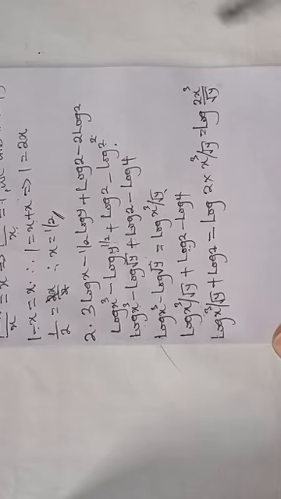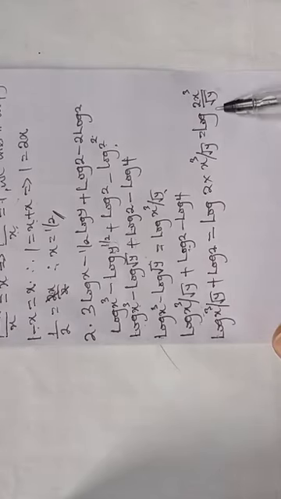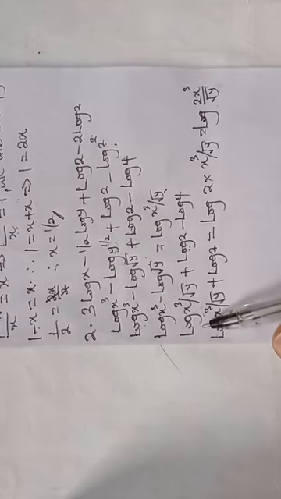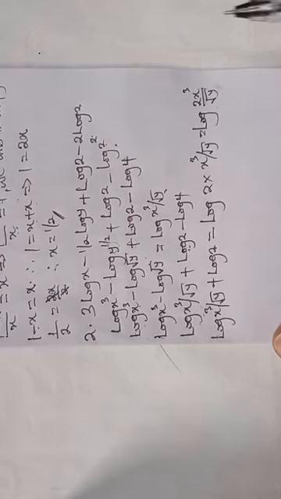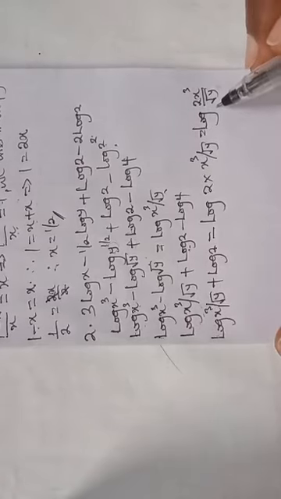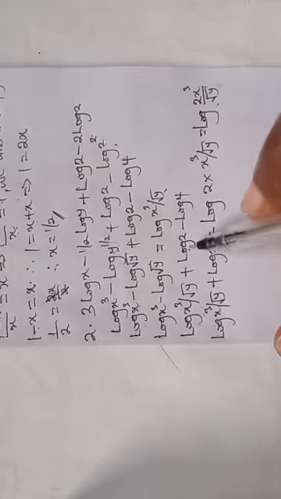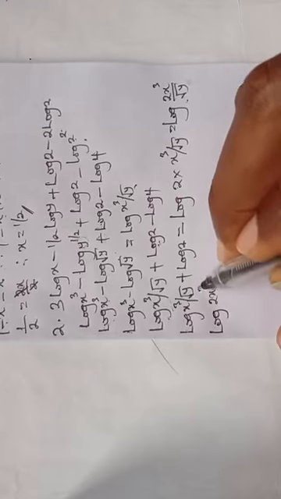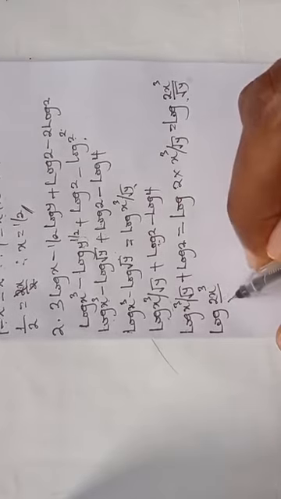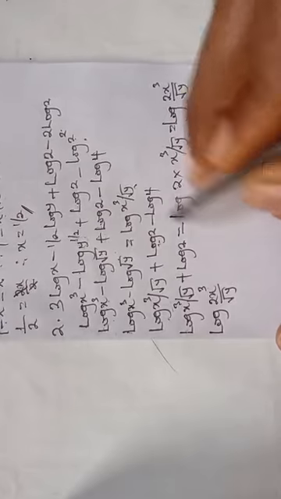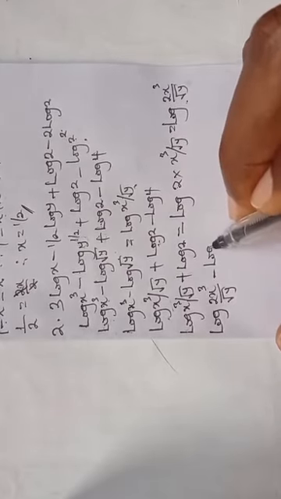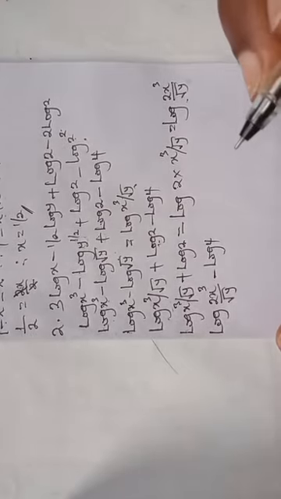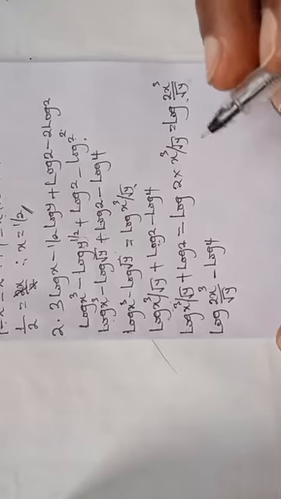Is that okay? So it means that this thing now is equal to this. I'm going to replace this with this. Okay, let's continue. This thing now is going to stand in the place of these two. So let's go. I have log of 2x power 3 over square root of y, then minus log 4. We continue.